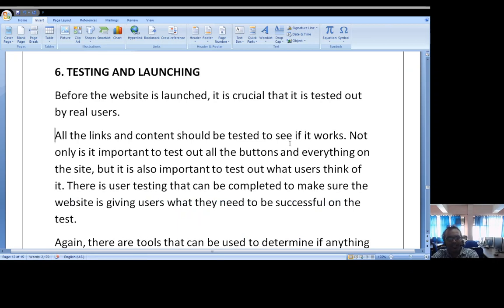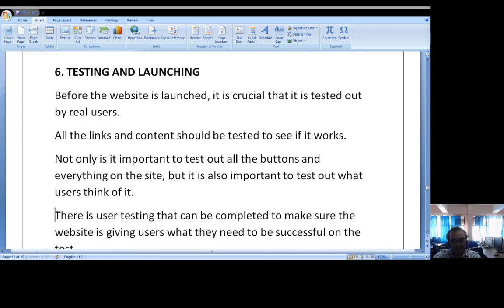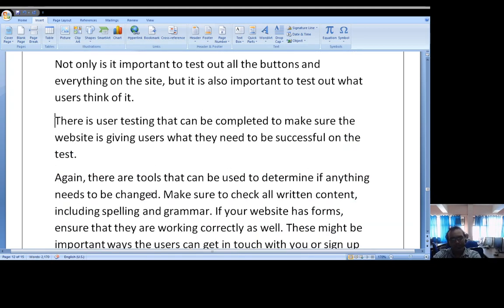All the links and content should be tested to see if they work or not. Not only is it important to test all the buttons and everything on the site, but it's also important to test what users think of it. User testing can be completed to make sure the website is giving users what they need to be successful.